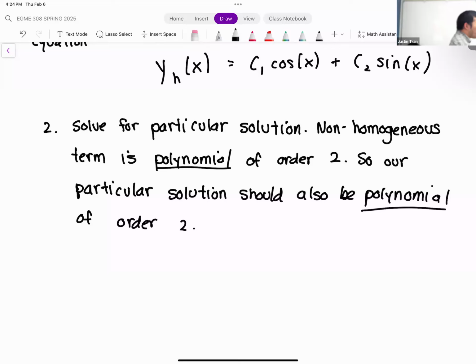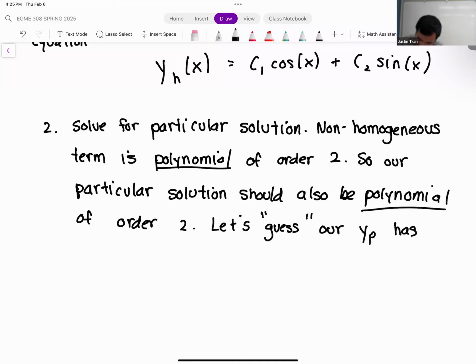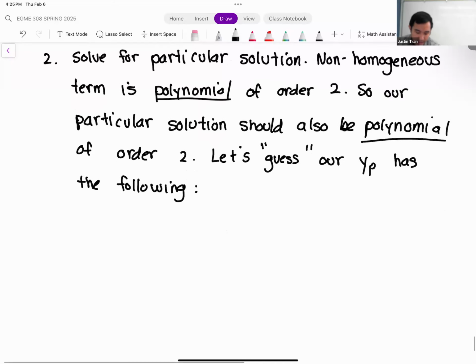And so here's how it works. Now that we know what functional form our particular solution is, we're going to guess that, except the coefficients of our guess are going to be undetermined because we're going to solve for them by plugging in. So we're going to guess our yp takes the following form.